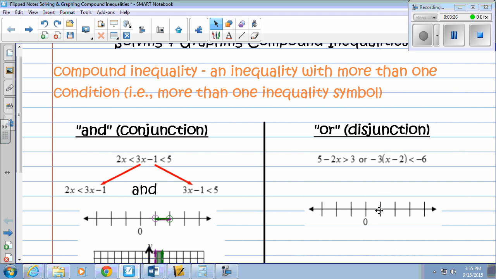Okay, so when we solve this, again, we get x is less than 1, and we get x is, sorry, greater than 4. And we don't have to worry about overlap. Our answer is going to be anywhere where we have a solution at all.